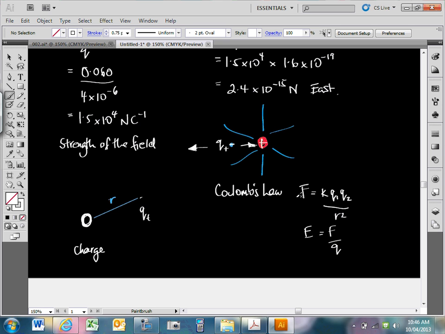And you can see quite clearly, if I substitute in here for F, we get E equal to k Q, one of the charges, on r squared.